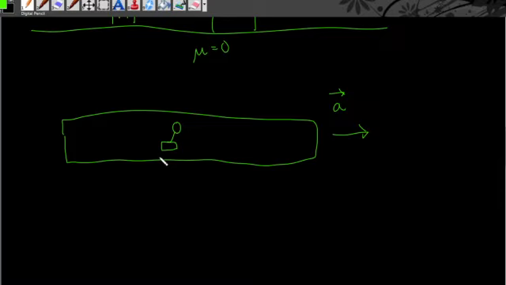Okay, so we know the plane is accelerating this way. And assuming that there's enough friction on the ground, I would also be accelerating this way. And I'm holding the string, so it should be accelerating this way.